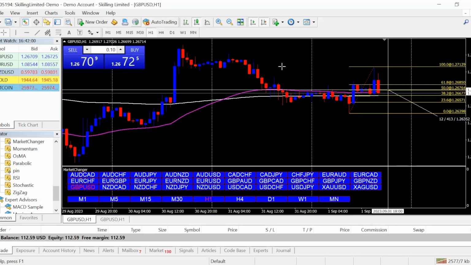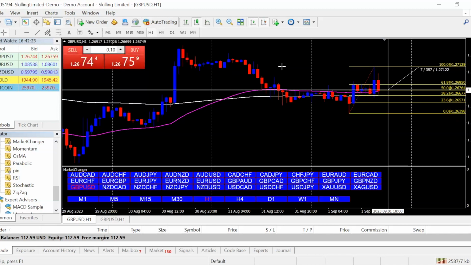That should be around 41.7 pips. Now, if you look at the 200 level here, that's around 35.7 pips. So that's not your target. Where you have 100, 1.27129, it's not your target either.